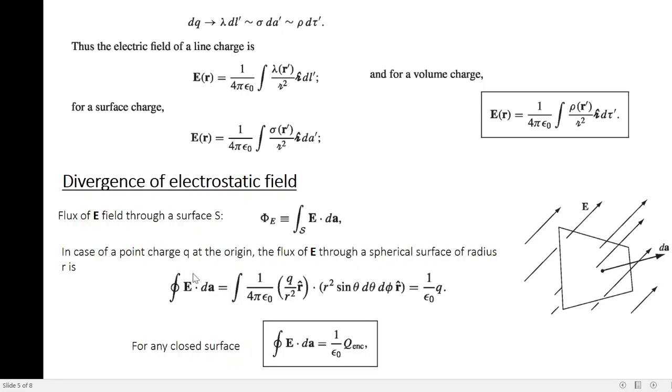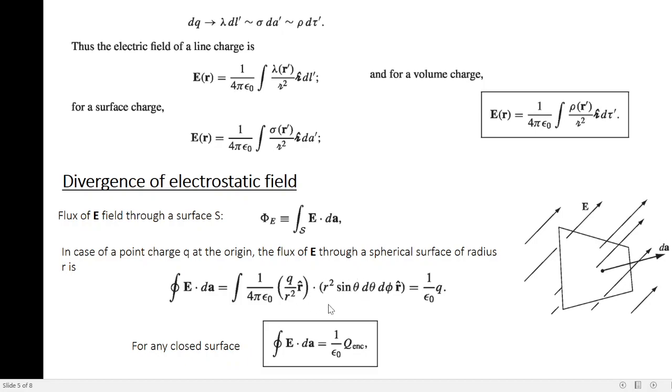The total flux is going to be a closed integral over the entire spherical surface of E dot dA. We know the expression for the electric field from Coulomb's law: 1 over 4 pi epsilon naught Q by r square r cap. The area element you can write in polar coordinates as r square sine theta d theta d phi r cap. So this is a double integral.